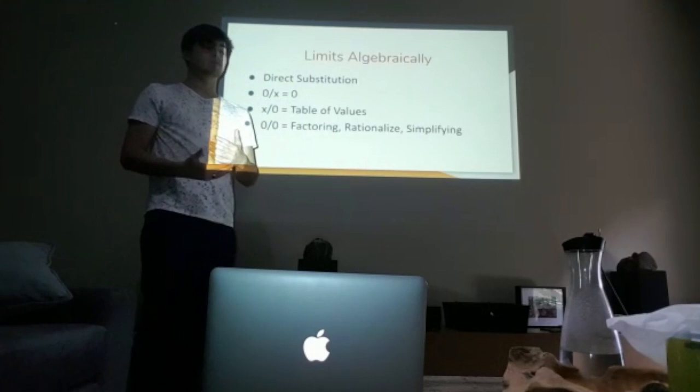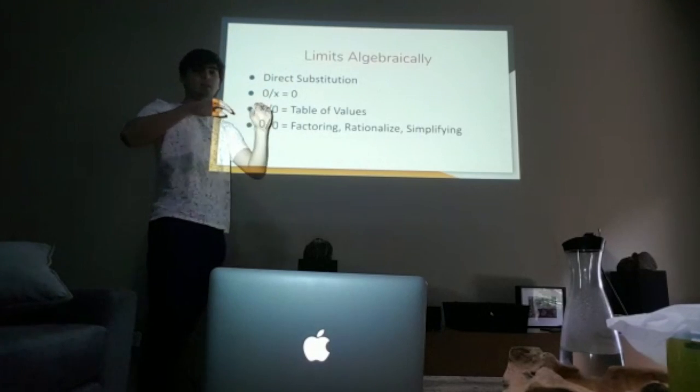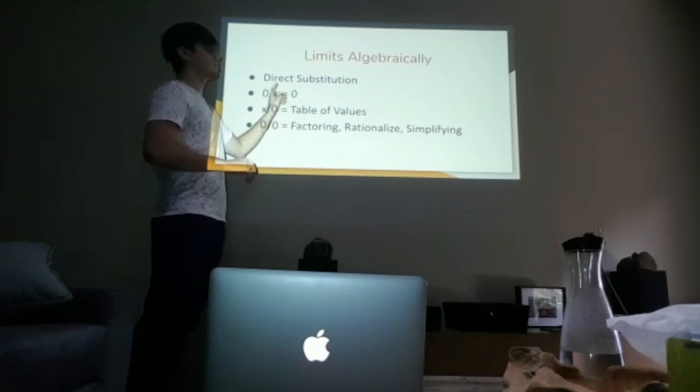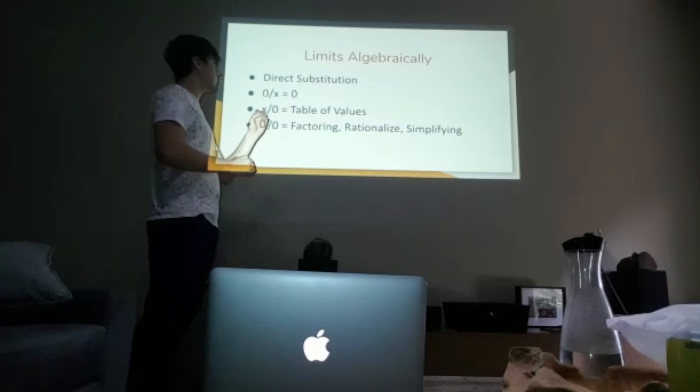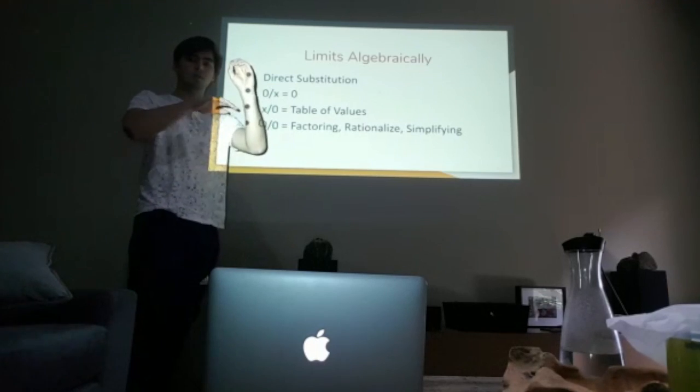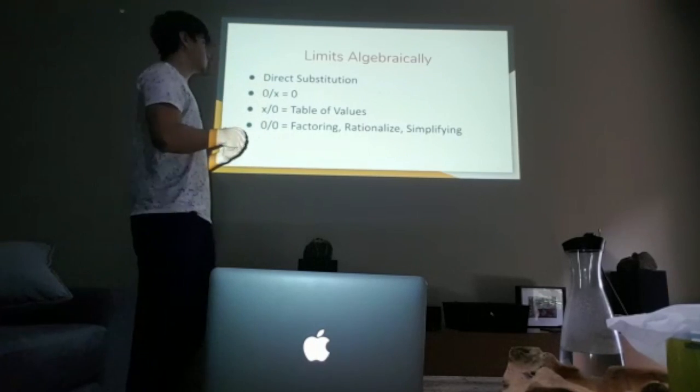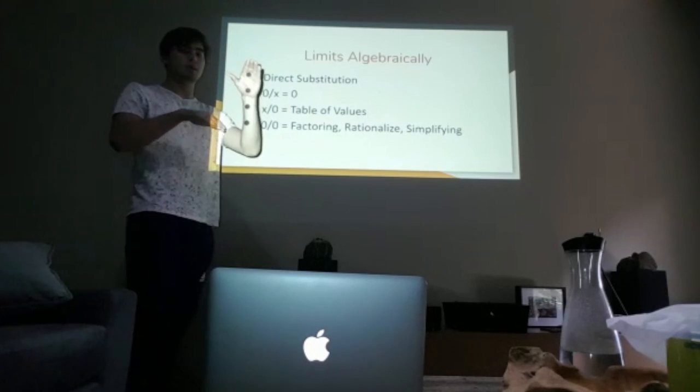If you substitute and it gives you 0 over any number, this will be 0. If it gives you a number over 0, it will be undefined, since you cannot divide a number by 0.